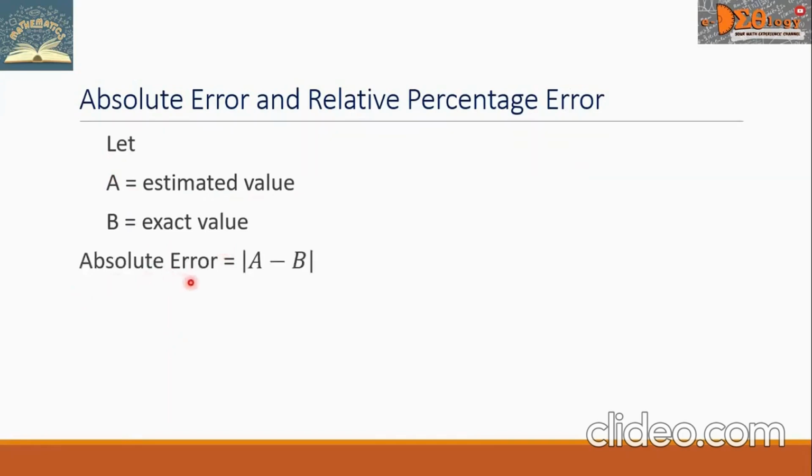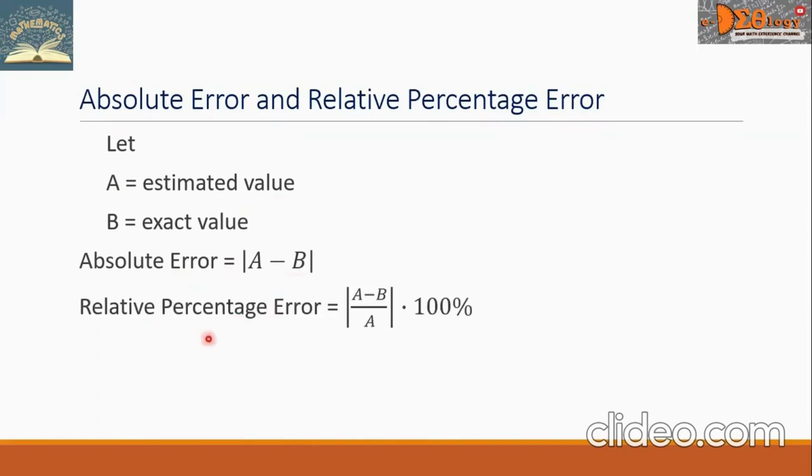For the absolute error, the formula is absolute value of A minus B. For relative percentage error equals absolute value of the fraction, the numerator is A minus B all over A, multiplied by 100%.